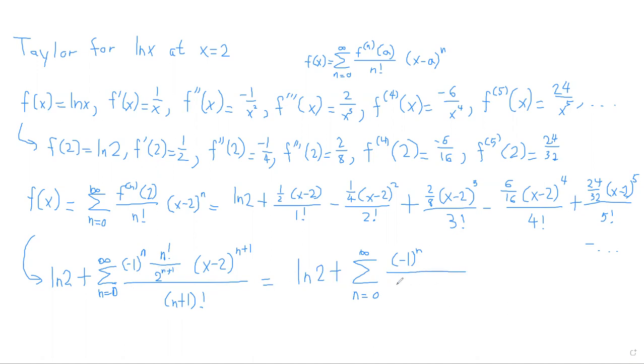Then we'll move this down to the denominator, so 2 to the n plus 1, times n plus 1, times x minus 2 to the power of n plus 1. And now we are done. And just like cosine squared x, we have an oddball out here.